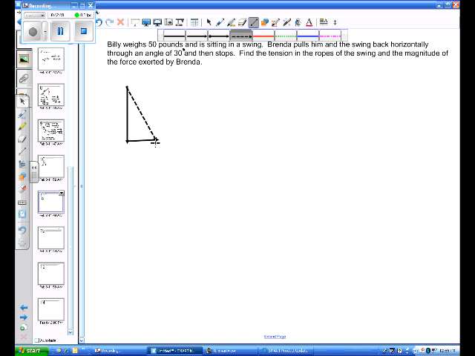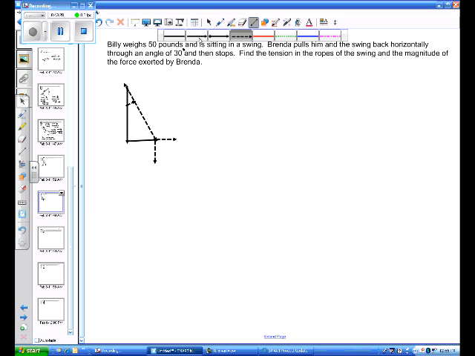And then his weight is still going vertical to the ground. And we've got our degrees, she's pulling back at a certain degree. And so she's exerting a force in this direction, pulling him back. The rope has a tension in it, exerting it in this direction. And then his weight is pulling him down. So we've got these three forces, but since he's at rest, she's pulled him back and is holding him there, then the sum of all of them is zero.